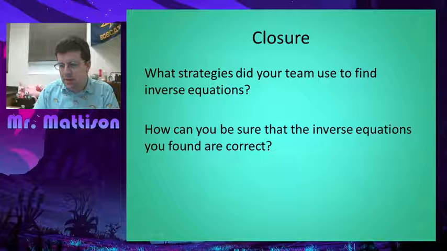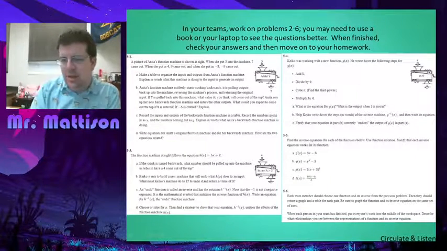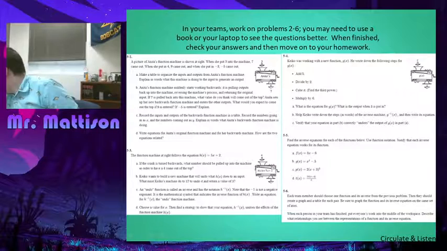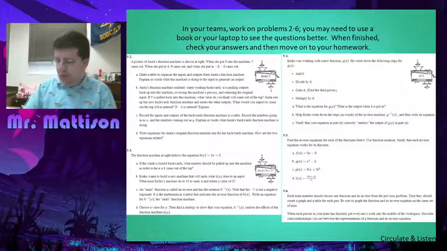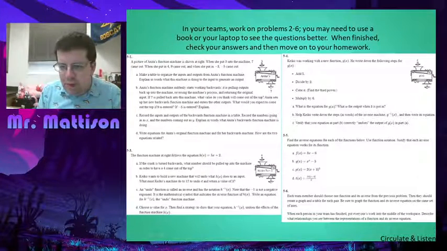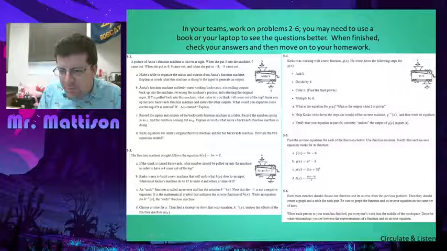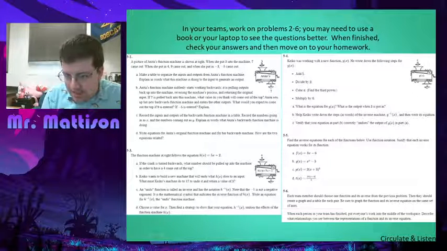Let's go back to this. So let's go ahead and do like problem 5. We'll do a slightly more complex one. We'll do C, which is y equals 2 times x plus 3.